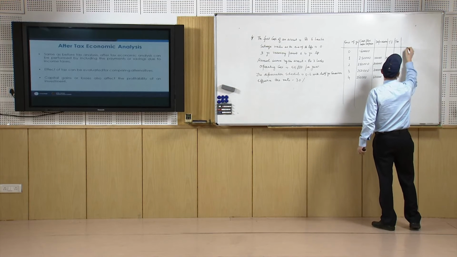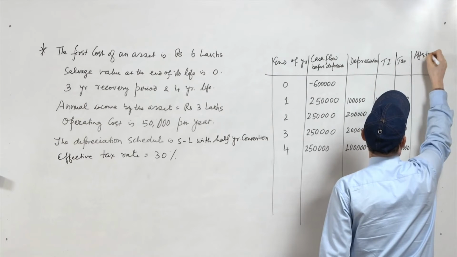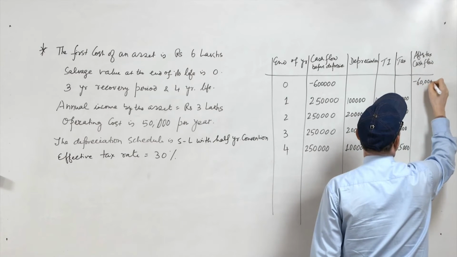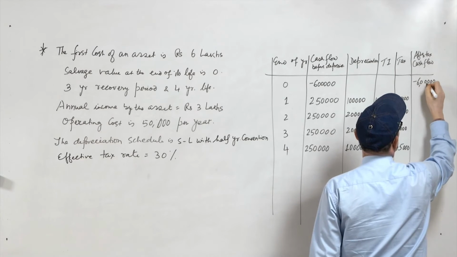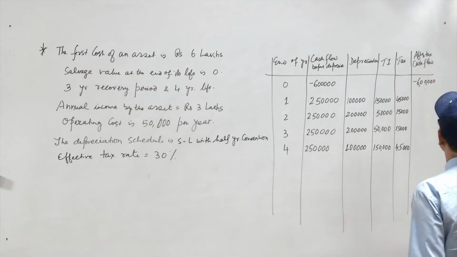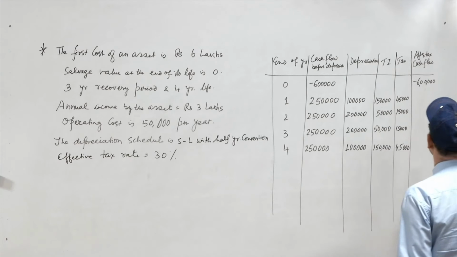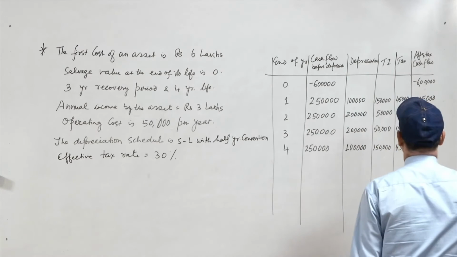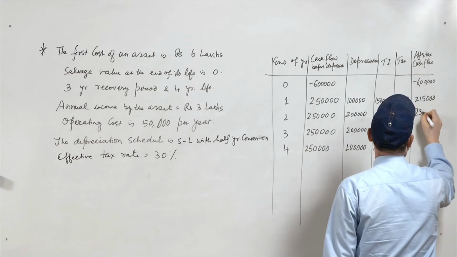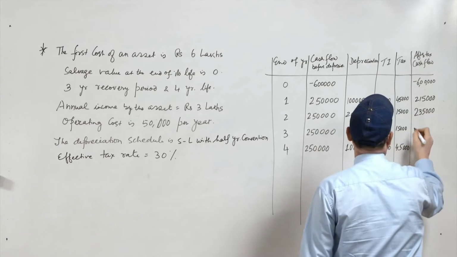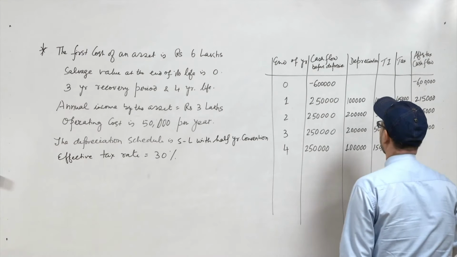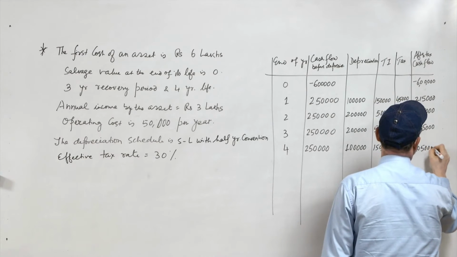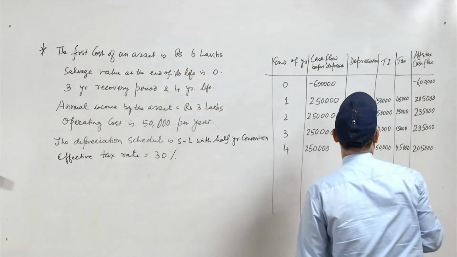After tax cash flow: we have minus 6 lakh at time 0. Then, subtracting the tax you have to pay, it comes out to be 2,05,000, then 2,35,000, again 2,35,000, and 2,05,000.